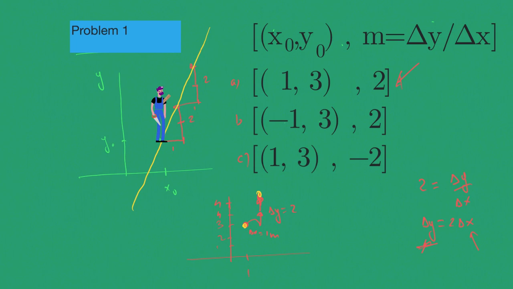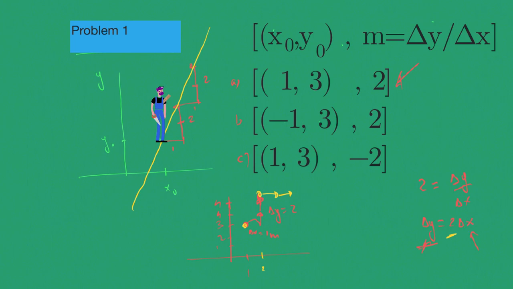Let's say that delta x now is 2 meters. So I move to the right 2 meters, 1 and 2. When I move 2 meters to the right, delta y will be 2 times delta x.